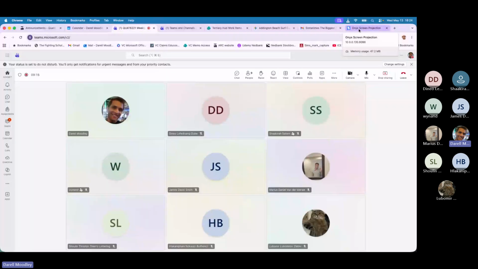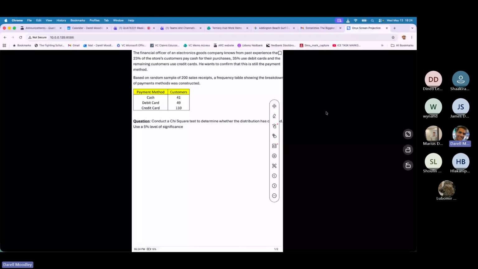All right, so this is a typical kind of question you can get. A financial officer of an electronic goods company knows that from past experience, 23% of its customers pay cash, 35% pay by debit cards, and the remaining percent, which would be 42%, pay using credit cards.